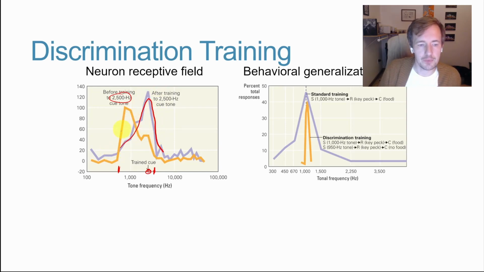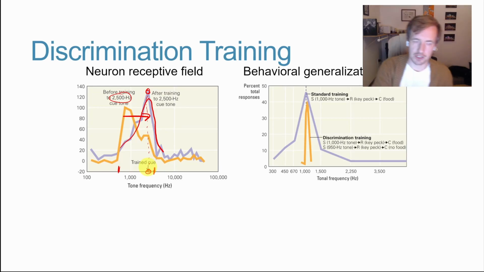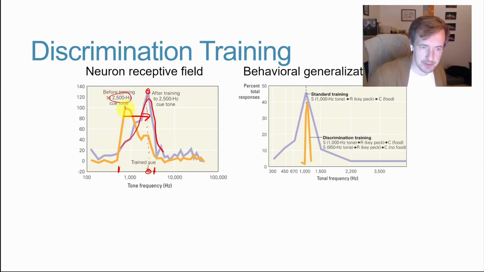Basically, we had this orange shift over to the right so that it is now maximally sensitive to that specific cue. So this neuron, with enough training, with enough experience, has now shifted its priority so that it's now going to fire when it hears this specific sound instead of this specific sound over here.